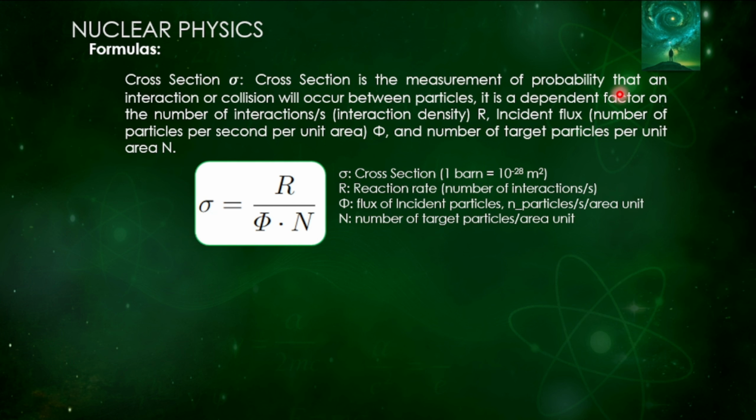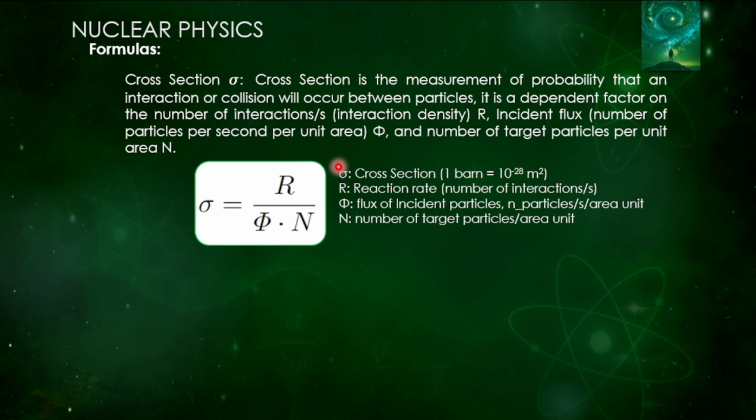It depends on the number of interactions per second, the incident flux, phi, which is the number of incident particles going per second per unit area, and finally the number of target particles located in a unit area.